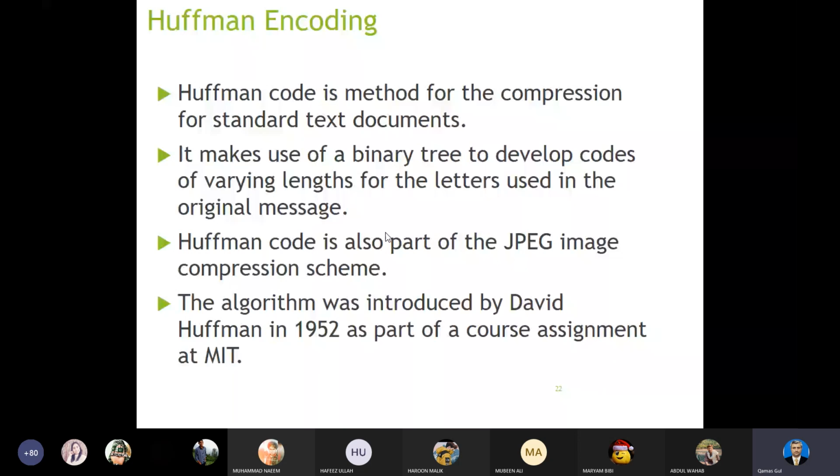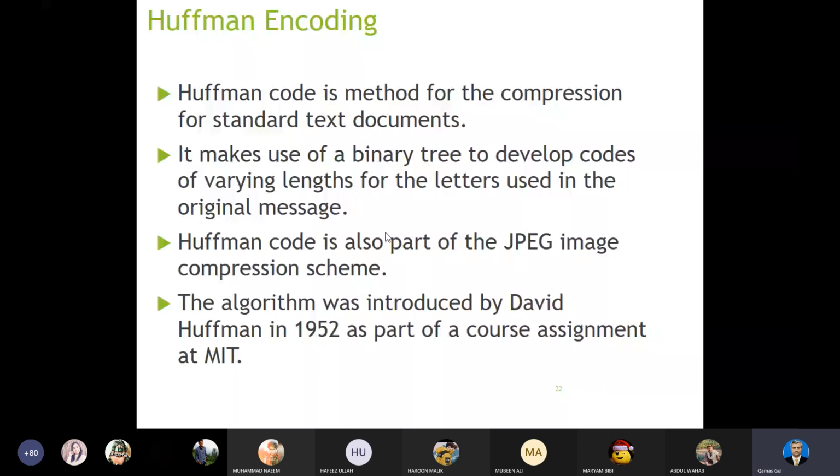Massachusetts Institute of Technology. There, David Huffman was teaching a course on compression or encoding, or maybe some other course on digital systems or something like that. And there, in a course assignment, he introduced this algorithm, which is called Huffman encoding.